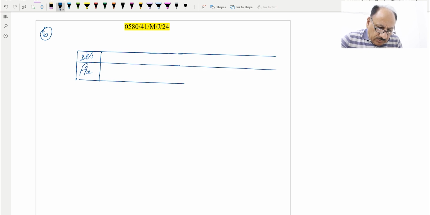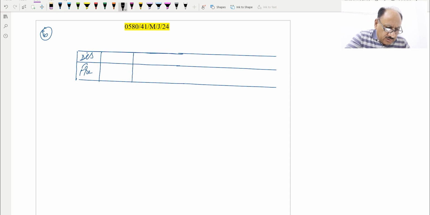So this will be the table which we can take. The first range which they have taken is over here, which is 250 to 300 and frequency 7, and the second range is 300 to 400, and the frequency is 13.